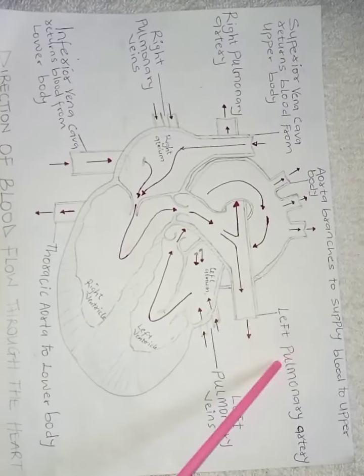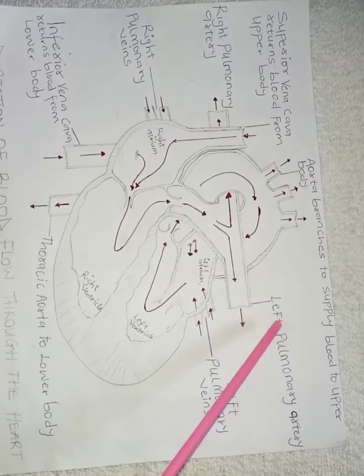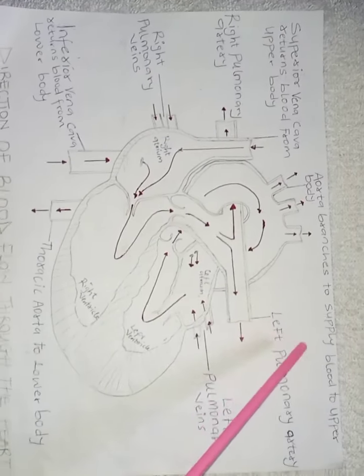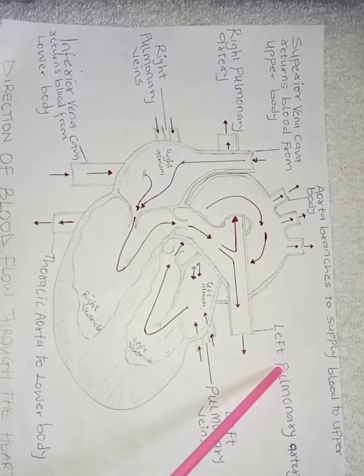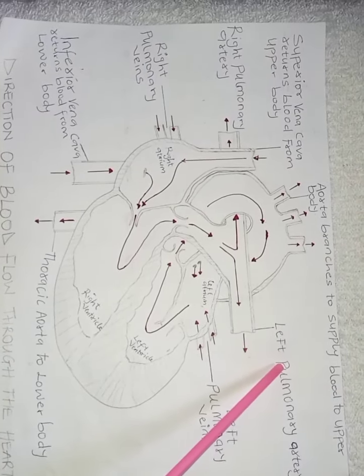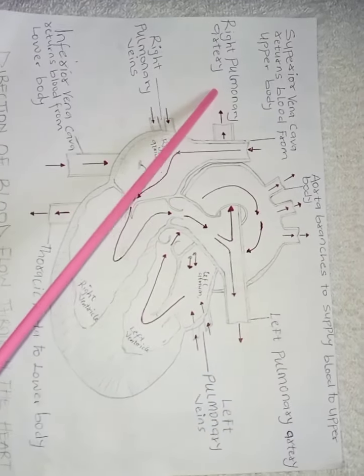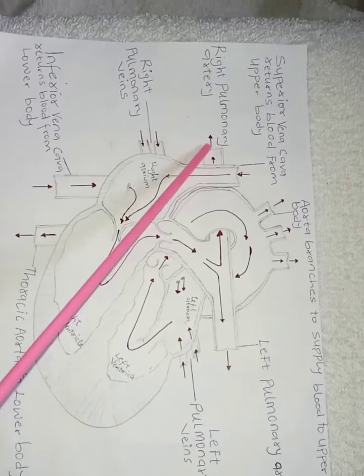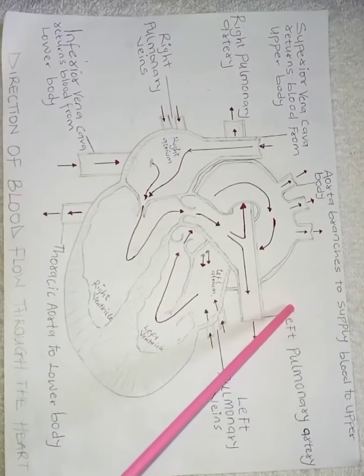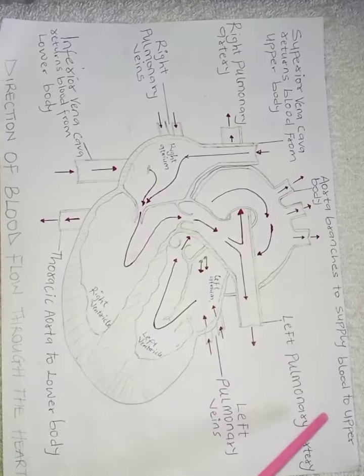From the left pulmonary artery, the deoxygenated blood goes to the left side of the lung. From the right pulmonary artery, the blood flows into the right lung.